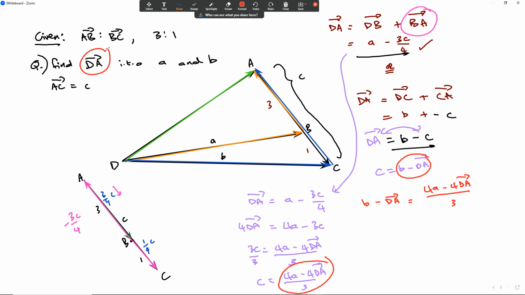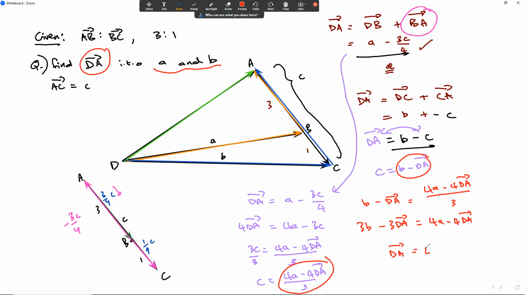We want to find dA in terms of a and b. We have a's and b's and we have dA there, so on our way, we're going to multiply everything by 3 to get rid of the denominator. So we're going to have 3b minus 3dA. And this is going to become 4a minus 4dA. And so if I move this backwards, this is going to become vector dA, because minus 3 plus 4 is dA, using knowledge of equations.